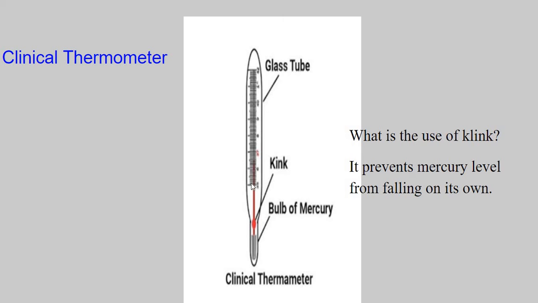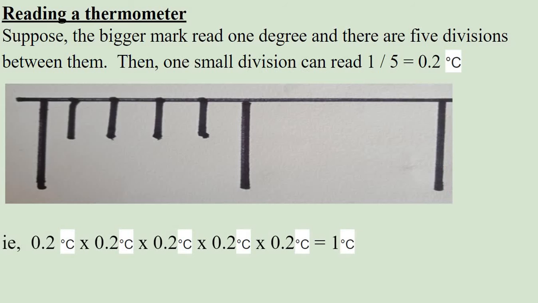Suppose these bigger marks indicate 1 degree Celsius, and in between there are 5 lines. So one small division reads 1 by 5, that is 1 degree Celsius divided by 5 divisions. So we get 0.2 degrees Celsius. Each small line is 0.2 degrees Celsius.